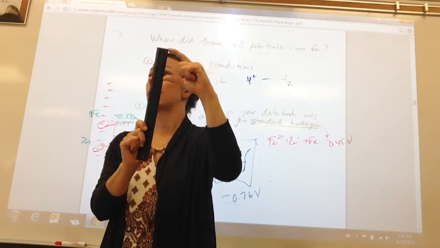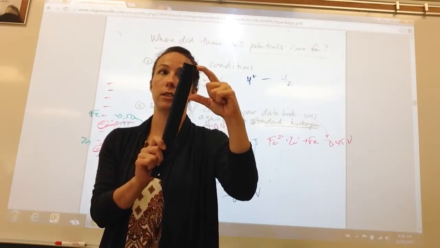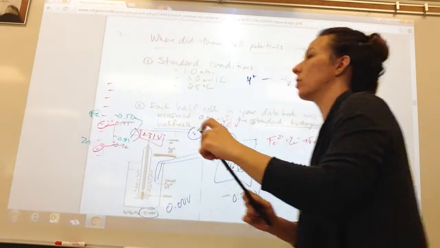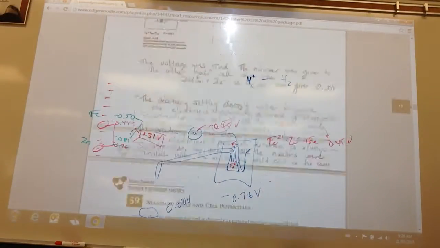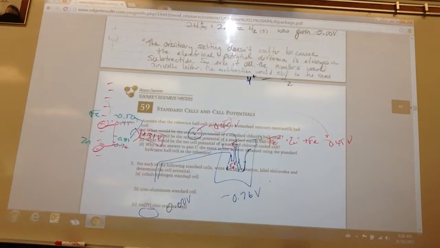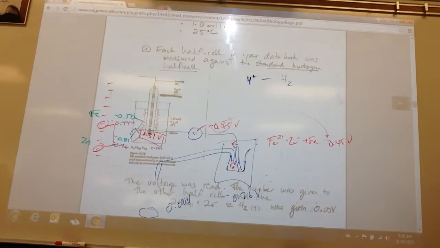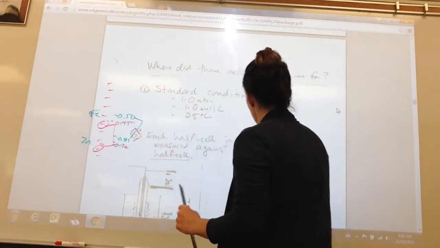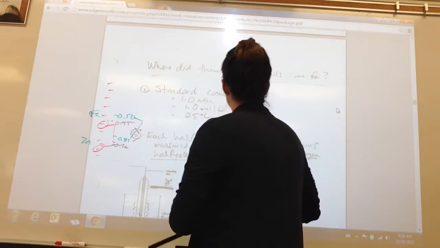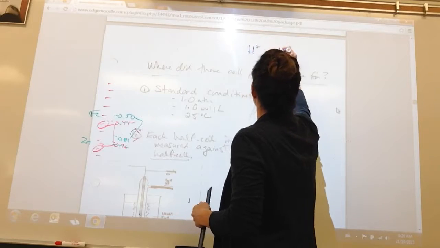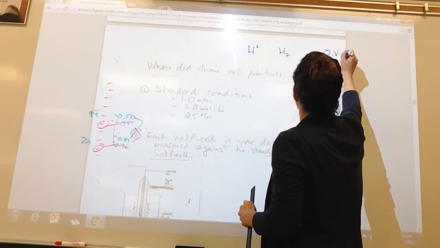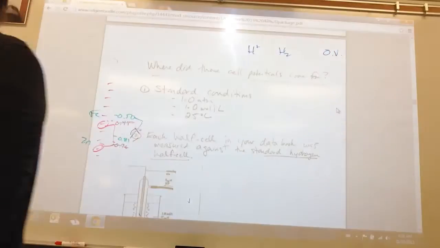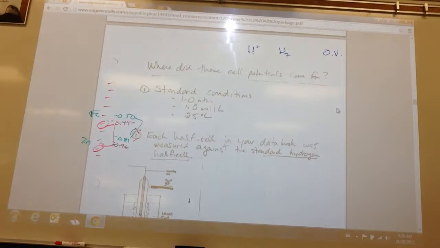But let's say they decided not to make hydrogen 0. And this is where the tricky part comes in, and these are the kind of questions they ask. The voltage doesn't matter because electric potential is always a subtraction. So even if the numbers were all voltage higher, the subtraction would still be the same. So let's say on your data booklets, they decided not to make hydrogen 0, but instead they made, can I just have a quick look at your data booklet?